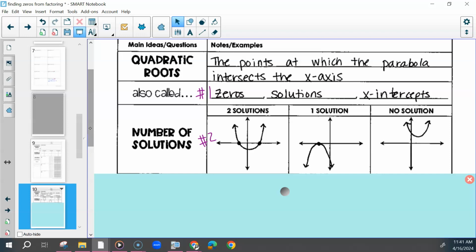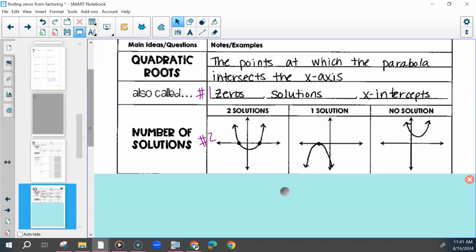We haven't solved many that had 1, but if it just touched the x-axis once, that would be one solution. And if it doesn't cross it at all, that would mean it can't be factored. It would have to be solved by the quadratic formula, and there are imaginary numbers there that we're not doing in this class.